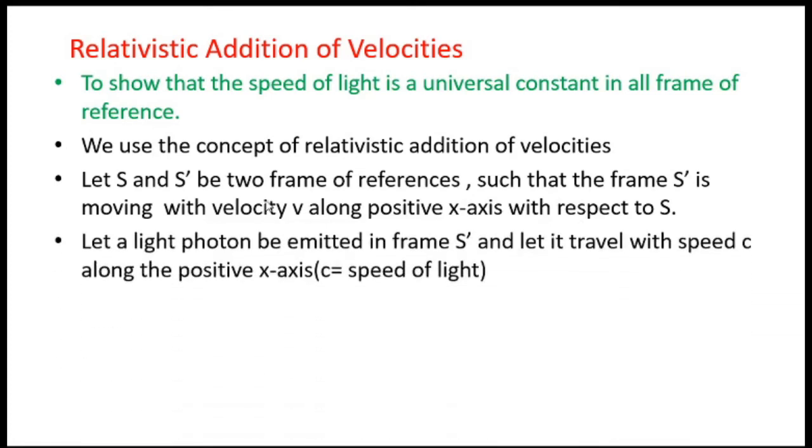Now let a light photon be emitted in the frame S dash and let the photon travel with a speed c along the positive x-axis, where c is the speed of light. We know that light is made up of a large number of photons, and if light travels with a speed of c, then the photons should also travel with a speed c.